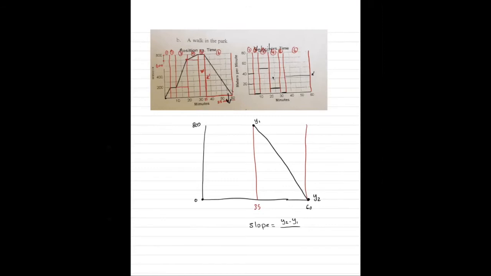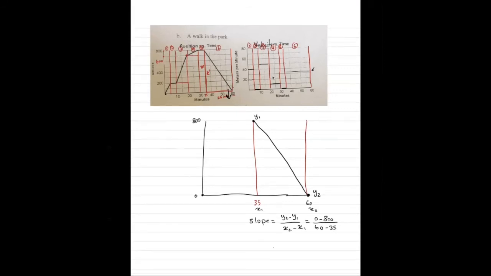And our time will be x2 minus x1. If we continue with this calculation, we will notice that y2 is 0 and y1 is 800. x2 is 60 and x1 is 35. And that should give us negative 800 over 25, which is negative 32.